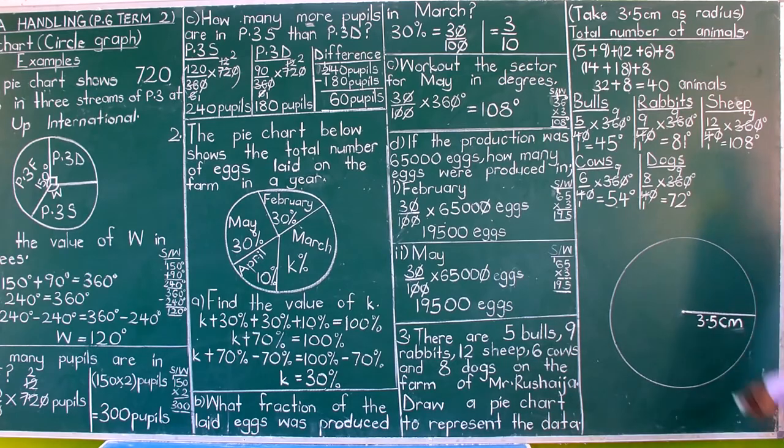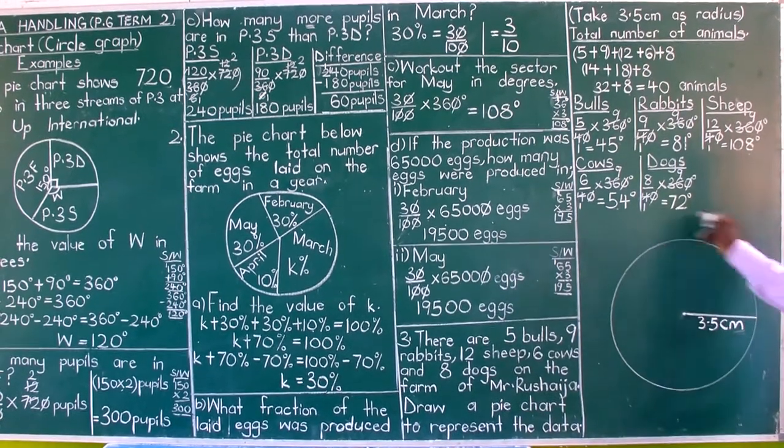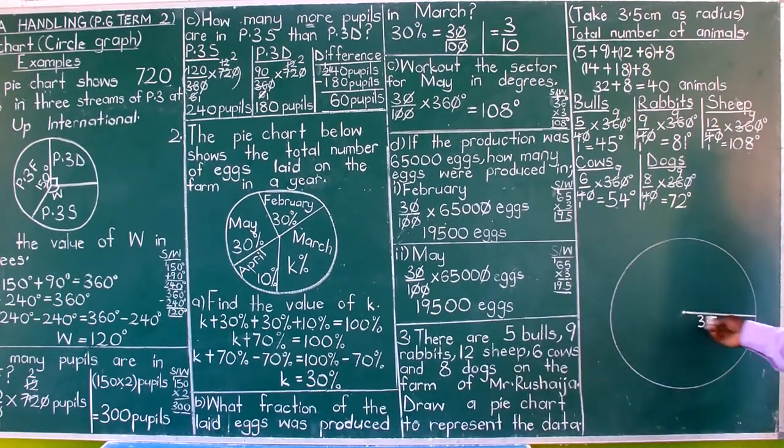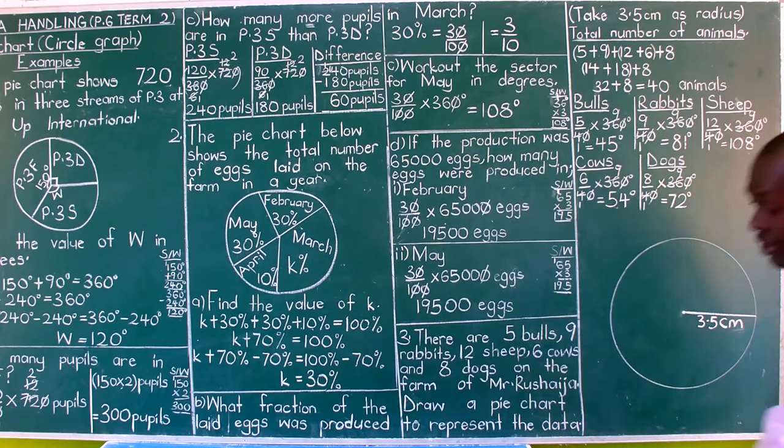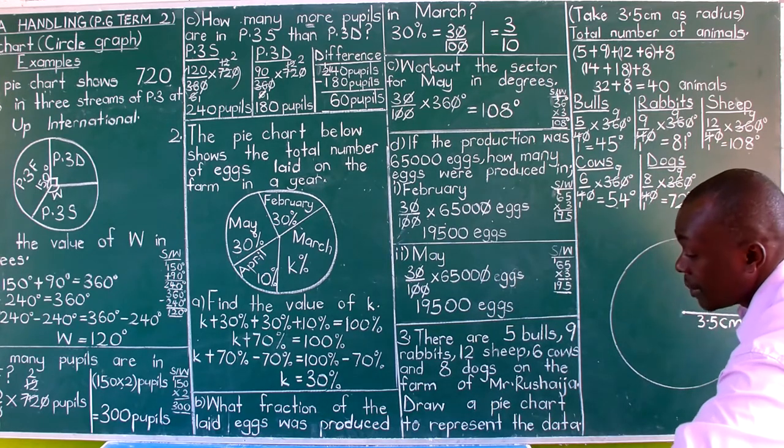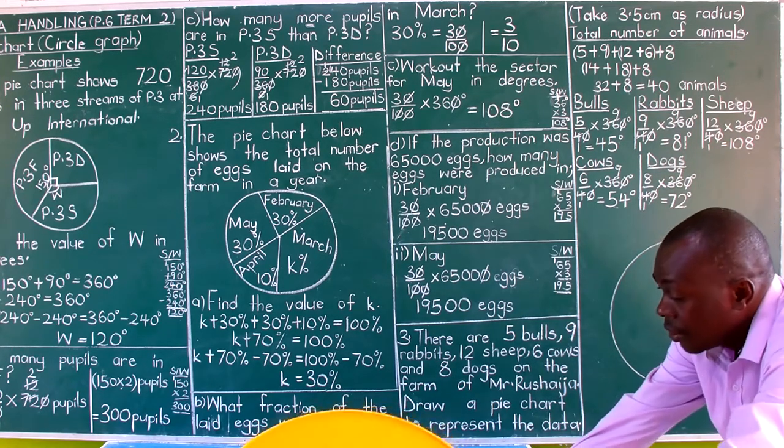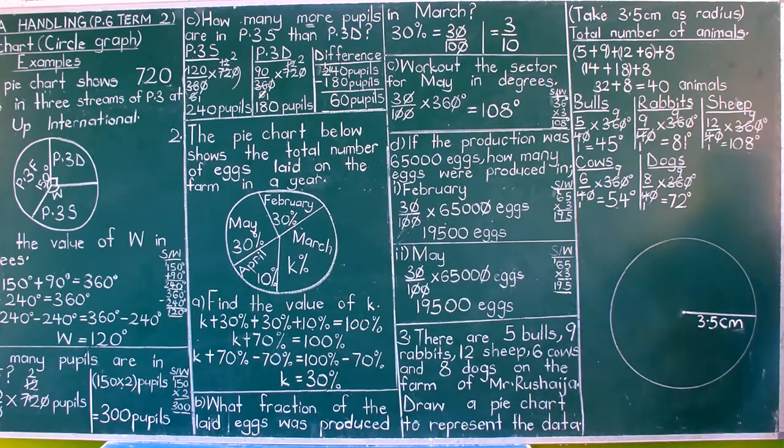Please measure 3.5 and draw that circle and show the radius. Show the radius and say truly, have I measured the 3.5 centimeters? Now, the task ahead of you is to measure those angles you calculated before, actually using a protractor.